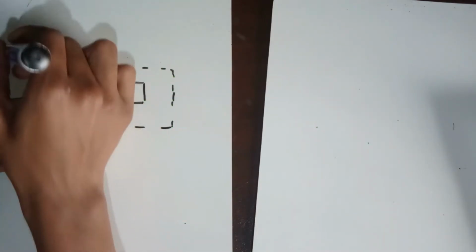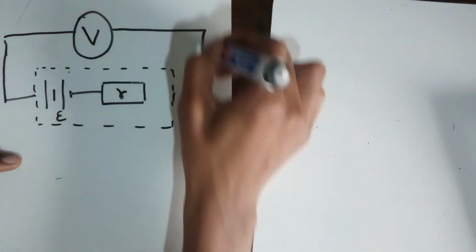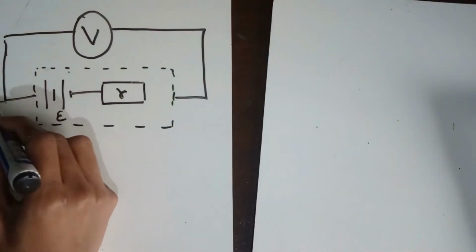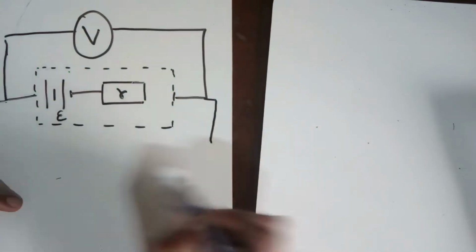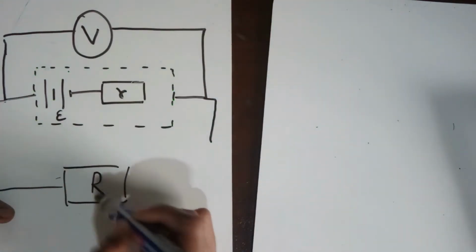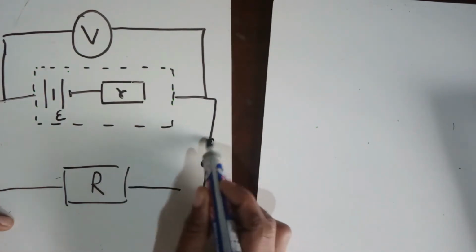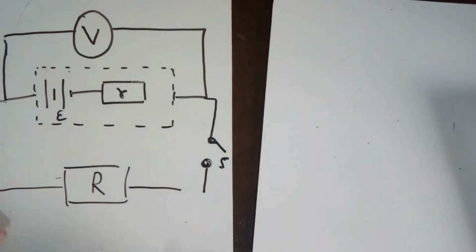Let's say you connect this battery to a voltmeter V, and you don't connect it to the rest of the circuit. Say we have a resistor with value R here, but it's not connected because we have a switch S that is open.